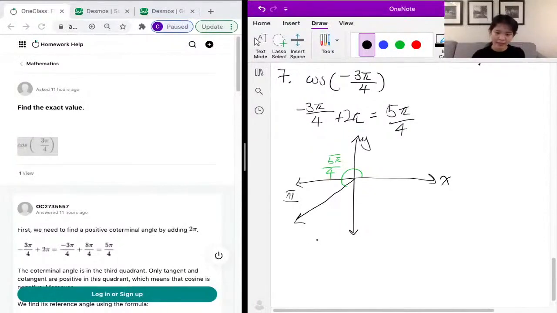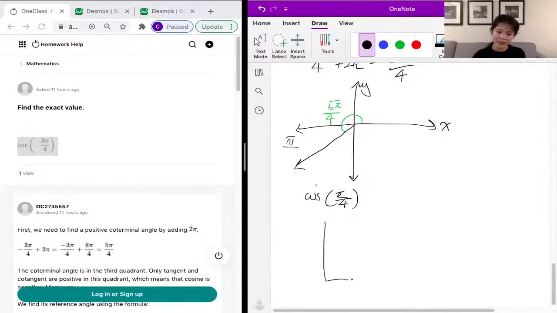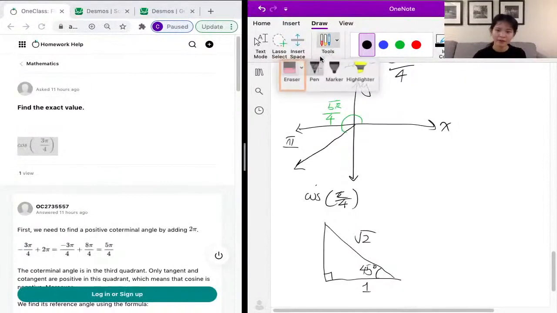Next, let's find the cosine of pi over 4. Looking at the angle pi over 4, we just need to use our special triangles. This special triangle has 45 degrees, or pi over 4, so we use this triangle.